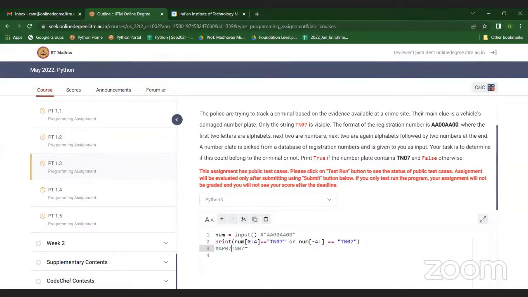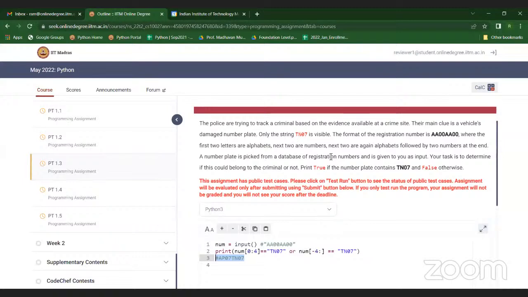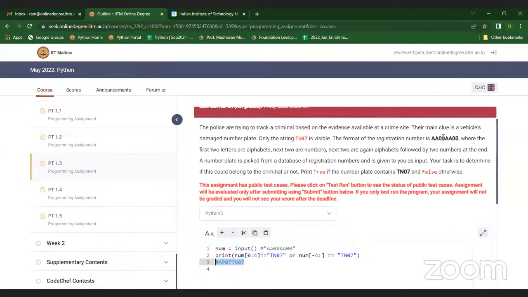Sir, in the second line of the question, they have written the format of the registration number is AA00, so it means the last 4 and first 4 characters are equal, right? No, that doesn't mean the first 4 are equal to the last 4. They're just saying the first 2 letters are alphabets, the second 2 are numbers, the next 2 are alphabets, and the last 2 are numbers.